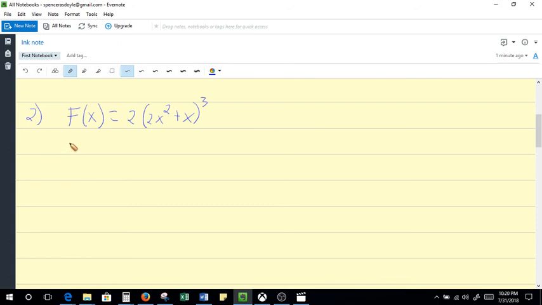So if we do this, we take the derivative with respect to the outside, so that's going to become, pull the 3 to the front, 2x squared plus x, reduce the power by 1, multiplied by g prime of x, which is the inside, so 2 times 2 is 4, reduce the power, that's just going to be x, so multiplied by 4x, and then that's just going to become 1.